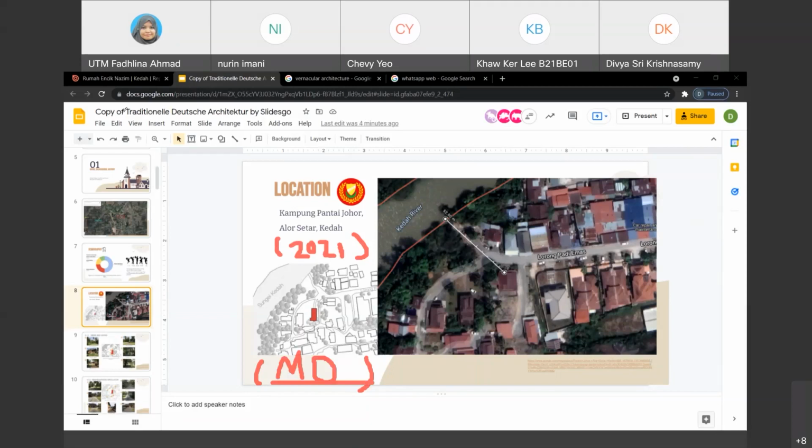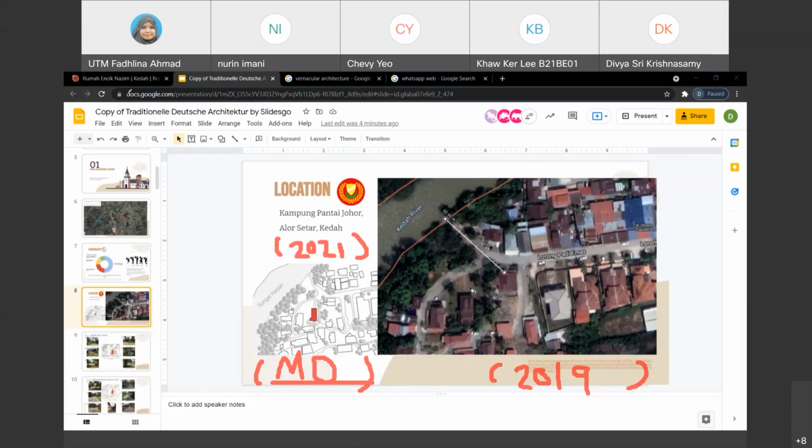And how about this one? This one is from Google, 2019. So both are from 2019, is it? The other one is from Google Map, which was taken in 2019 I think, or 2021. So the measure drawing is 2019. Then the Google Map one, I don't know.